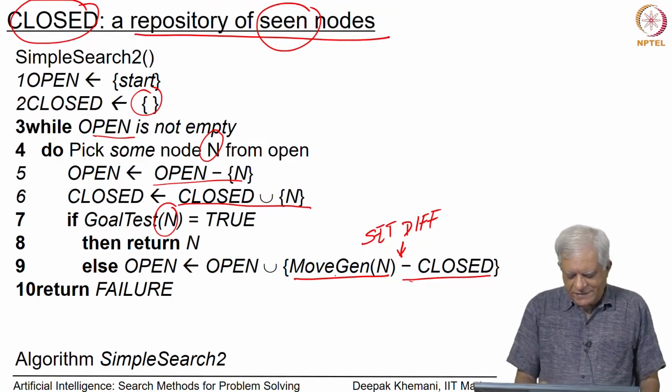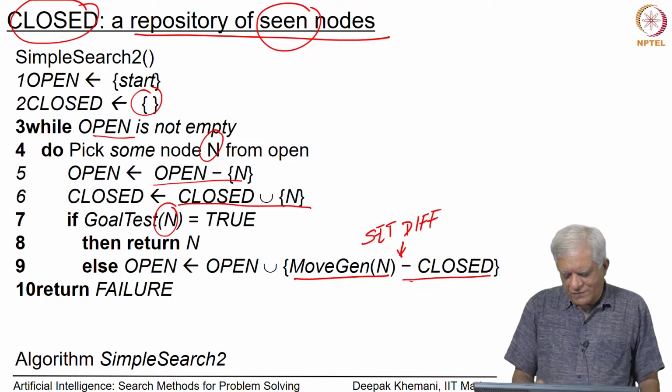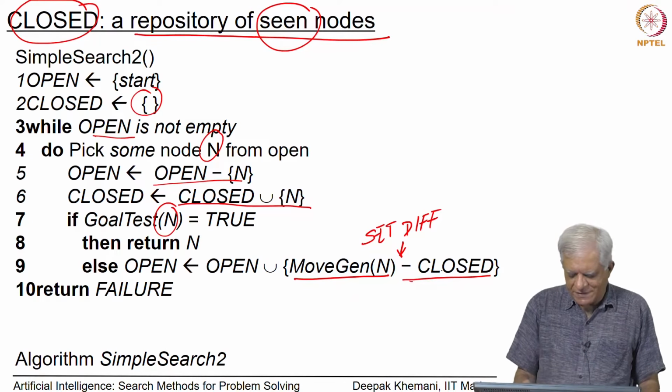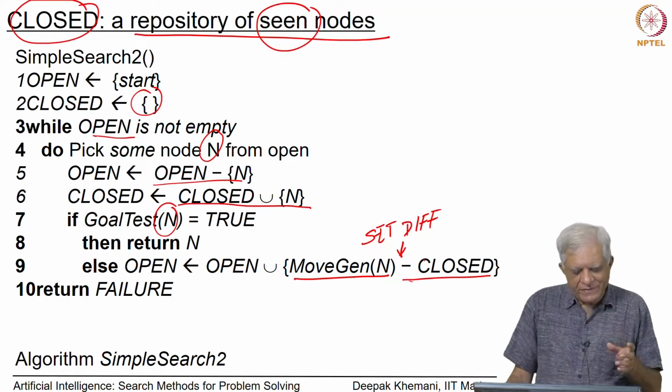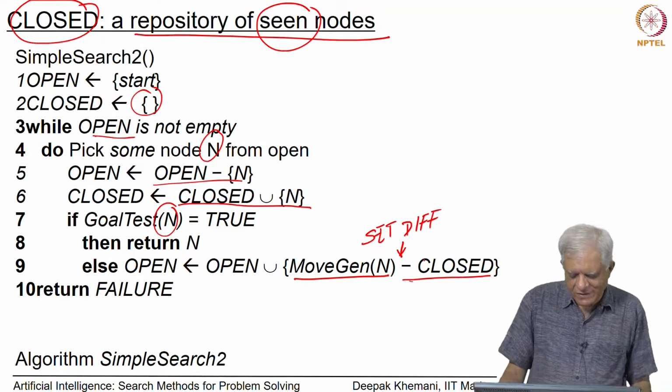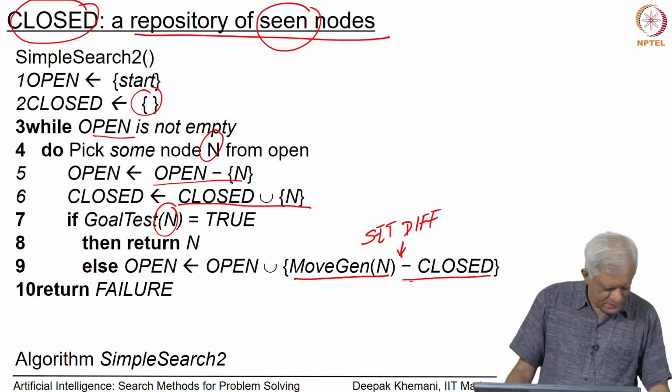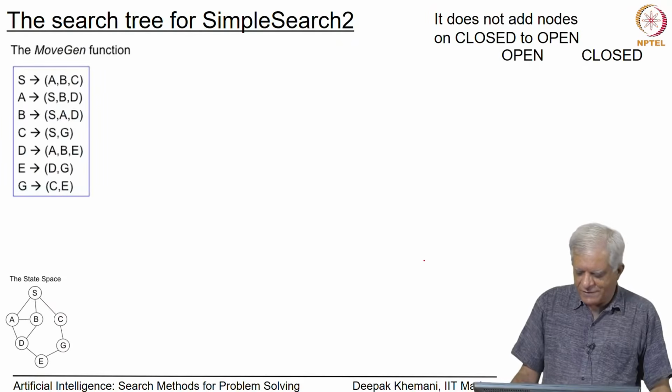So, the idea here is that from this set of neighbors, which is returned by the moveGen function, we remove any node which is present in closed, and this is depicted by this set difference operator. And in this process, you can see that we will never visit the same node again and again. So, hopefully, we will not get into an infinite loop.